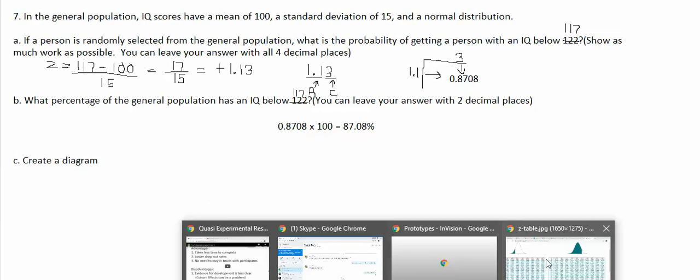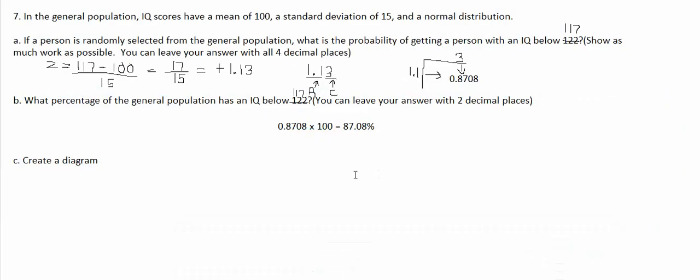So now what we're going to be doing is turning this into a diagram just to show what we've solved for. And there's a few things I want you to include. So draw the normal distribution, put the mean at the center. The mean IQ of the population in our problem is 100.